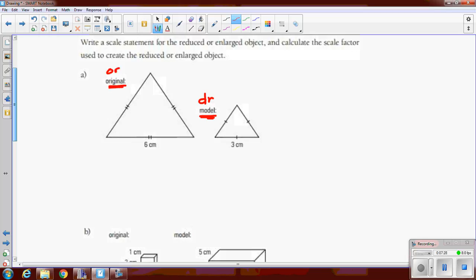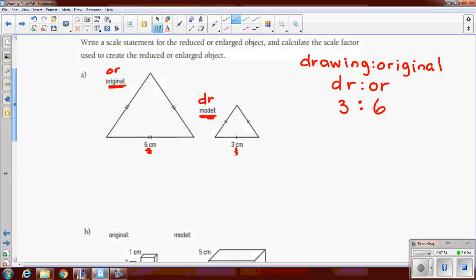And remembering that we always said it's drawing to original, which I'll probably refer to from here on like this, drawing to original, which is Dr. Orr. Now we have to make sure we're comparing the right thing. So 3 centimeters on this drawing is 6 centimeters, the bottom line of the original, 3 to 6.